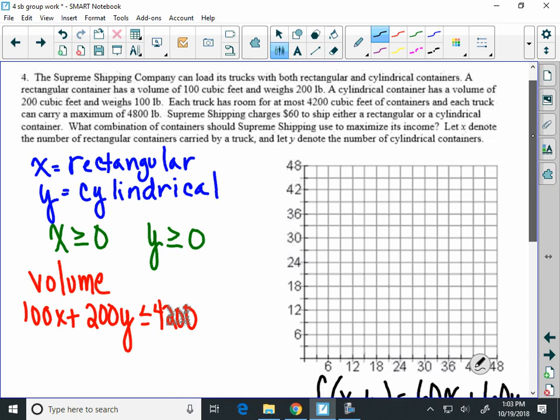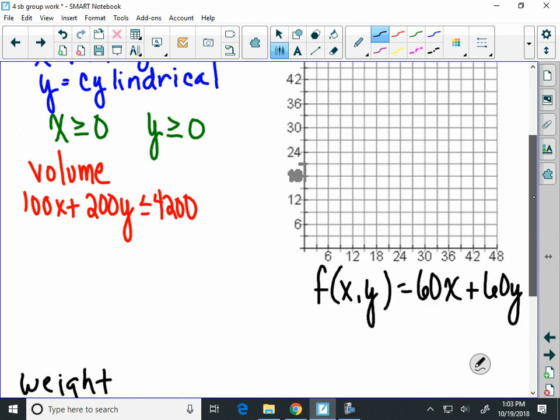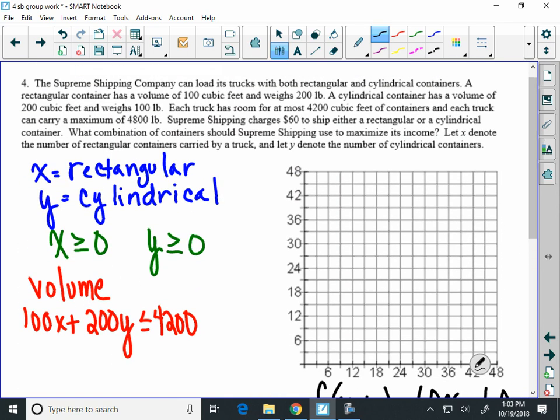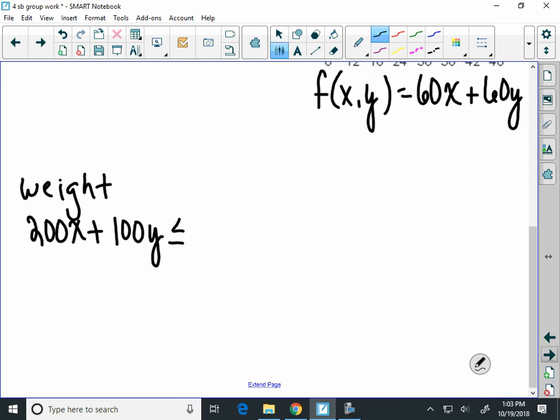It says a cylindrical container weighs 100 pounds. And how much weight can we carry? The next sentence says a maximum of 4,800 pounds. So it's going to be 4,800.